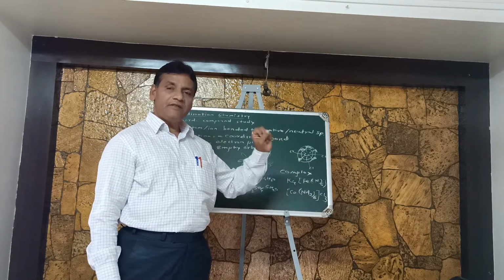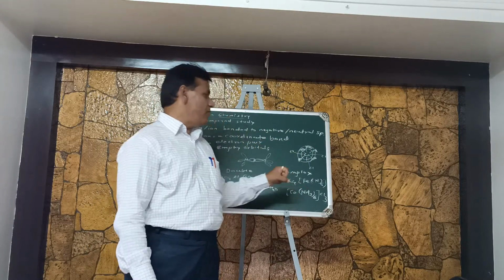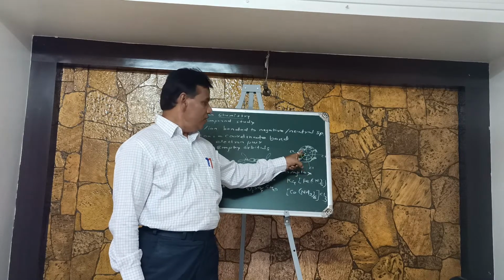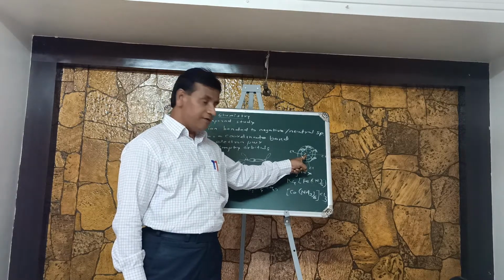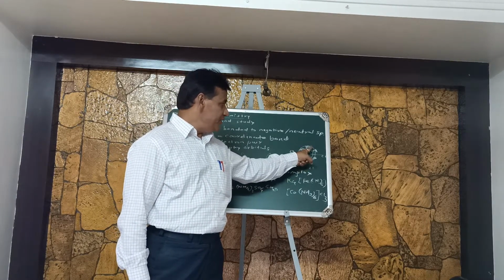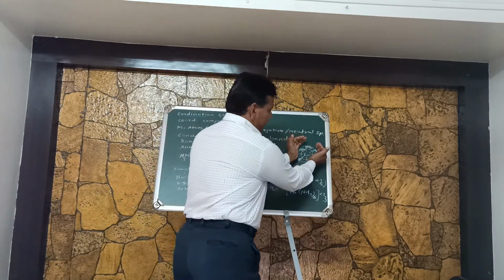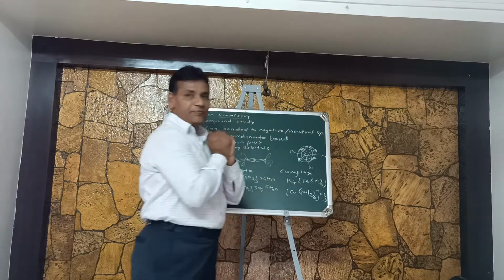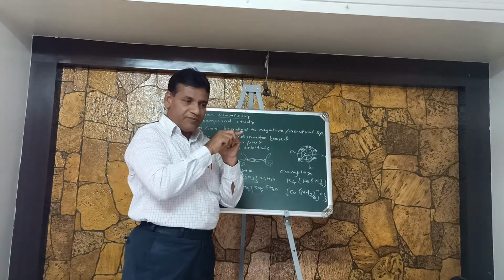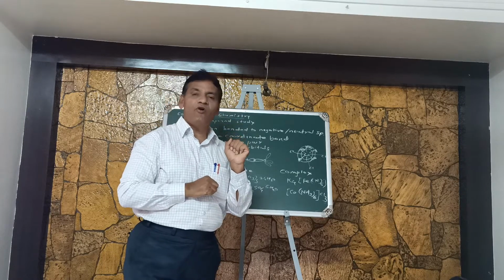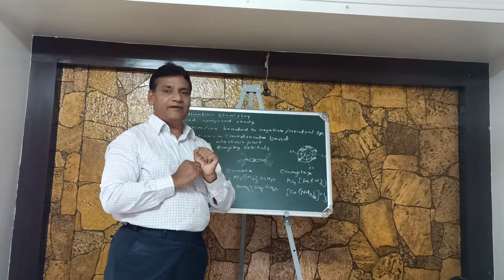If you see the detailed structure of this hexaamminecobalt chloride, at the center there is cobalt, and to this cobalt metal atom or metal ion, 6 ammonia ligands are bonded. These ammonia ligands are present in the inner sphere. From this inner sphere, this cobalt is bonded to 6 ammonia molecules or ammonia ligands.